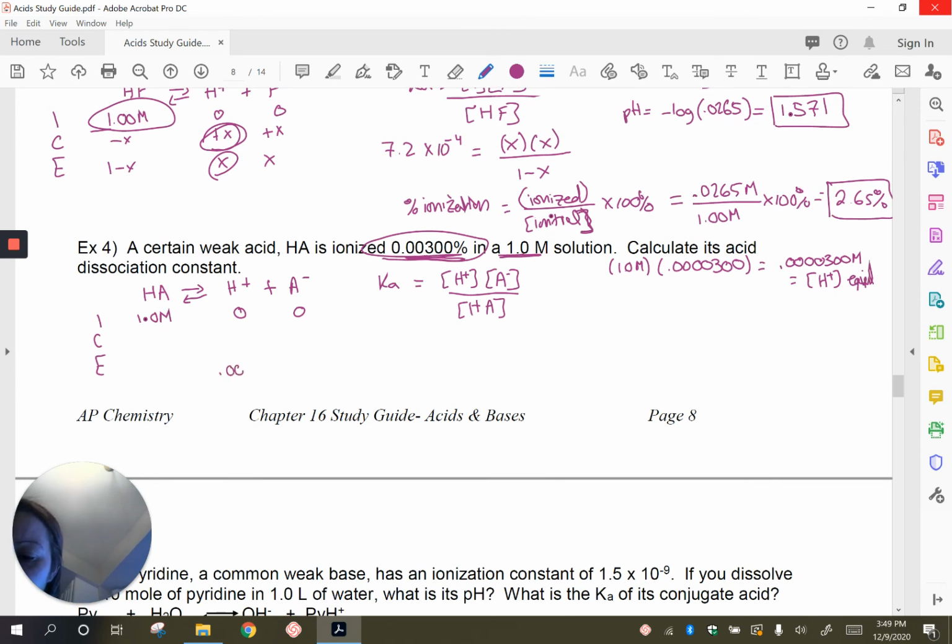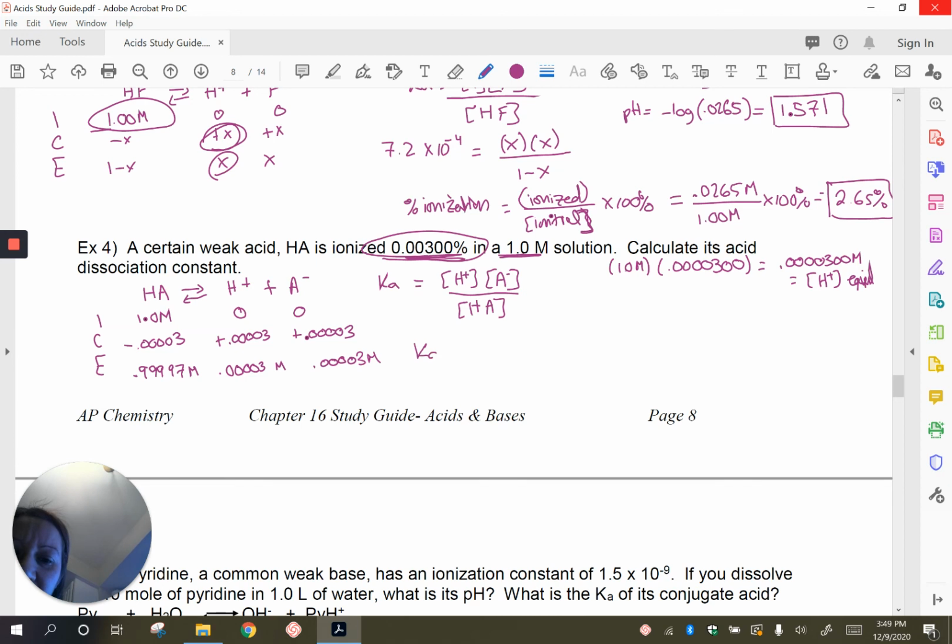So this is plus 0.00003. This is plus 0.00003. This is minus 0.00003. So at the end, you'd get 0.99997 molar. And this is 0.00003 molar.